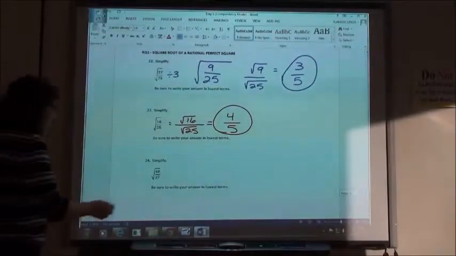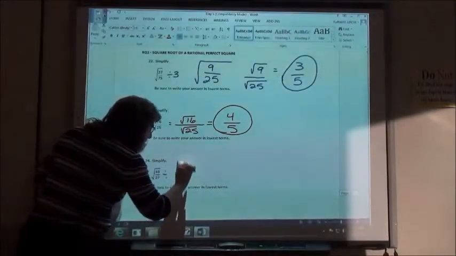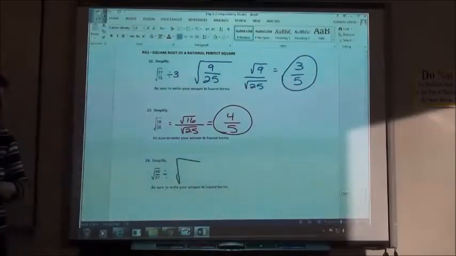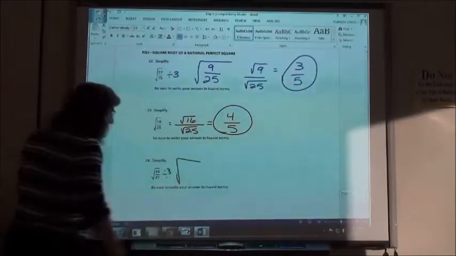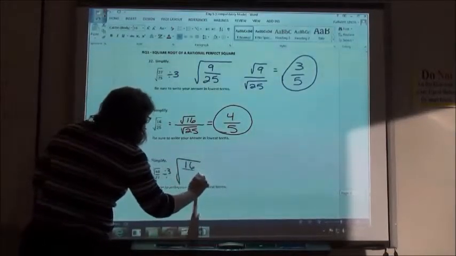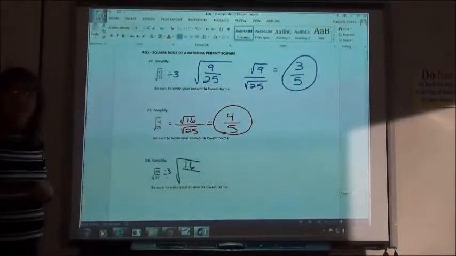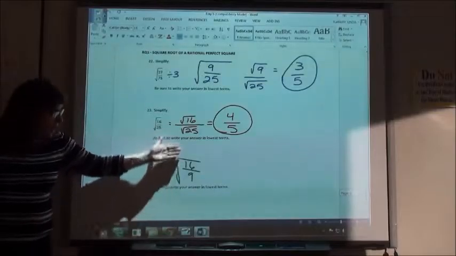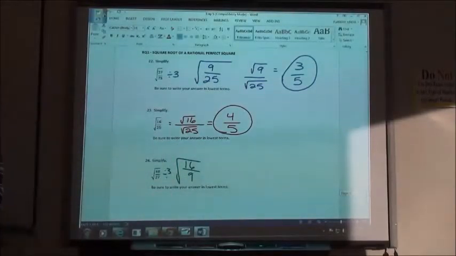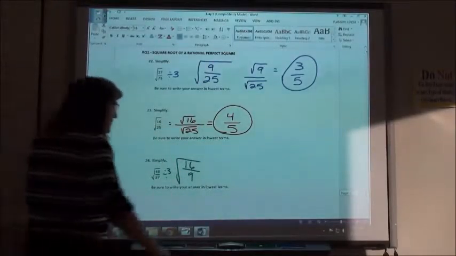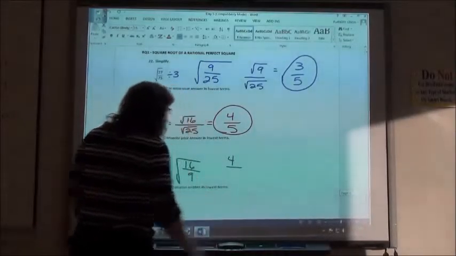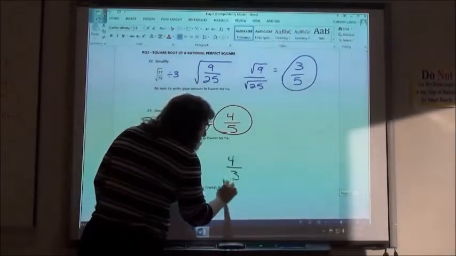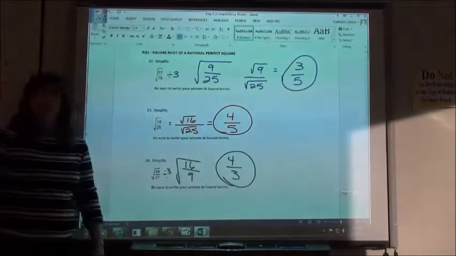So if I reduce my fraction down, 48 divided by 3 would be 16. 27 divided by 3 is 9. So now I have values that are perfect squares. The square root of 16 is 4. The square root of 9 is 3. And so 4/3 is going to be my answer.